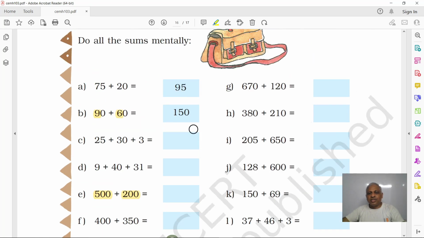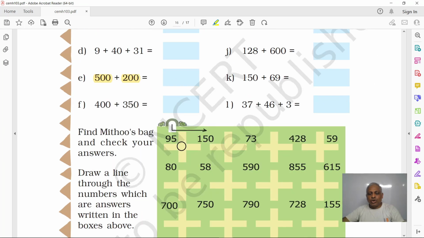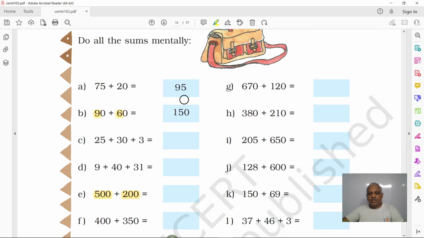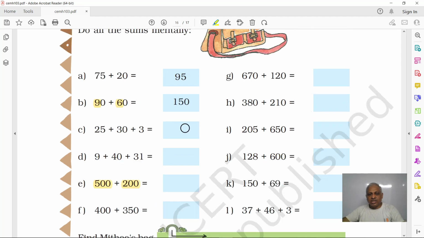Okay, you have written some answers here. So you have to draw a line through them. 95, 150. And the next one is 25, 33. So this will be 20 plus 30 is 50. Plus 5 is 55. Plus 3, 58.